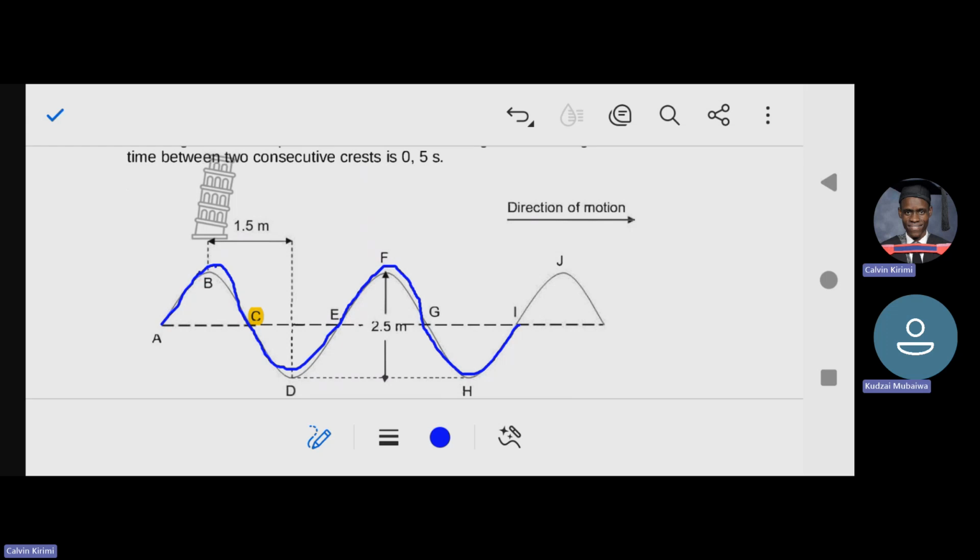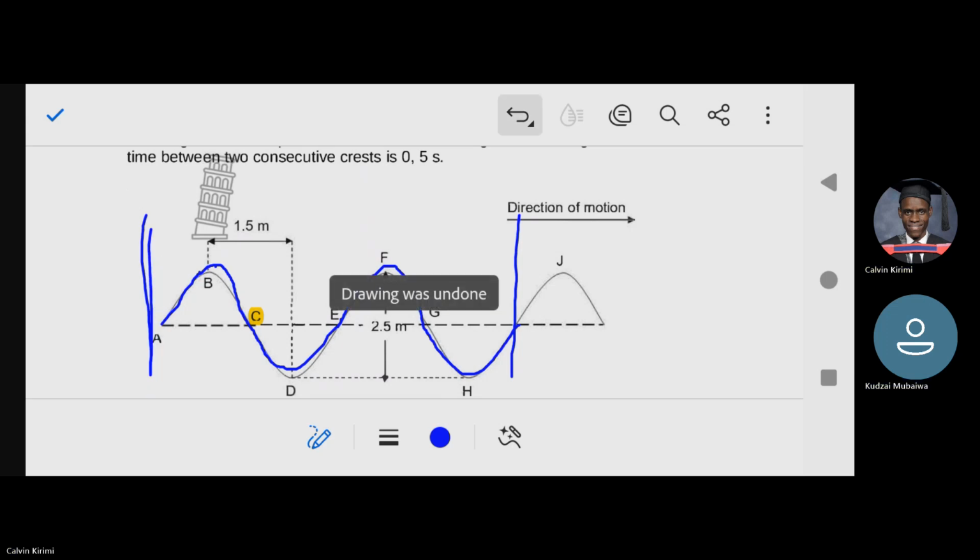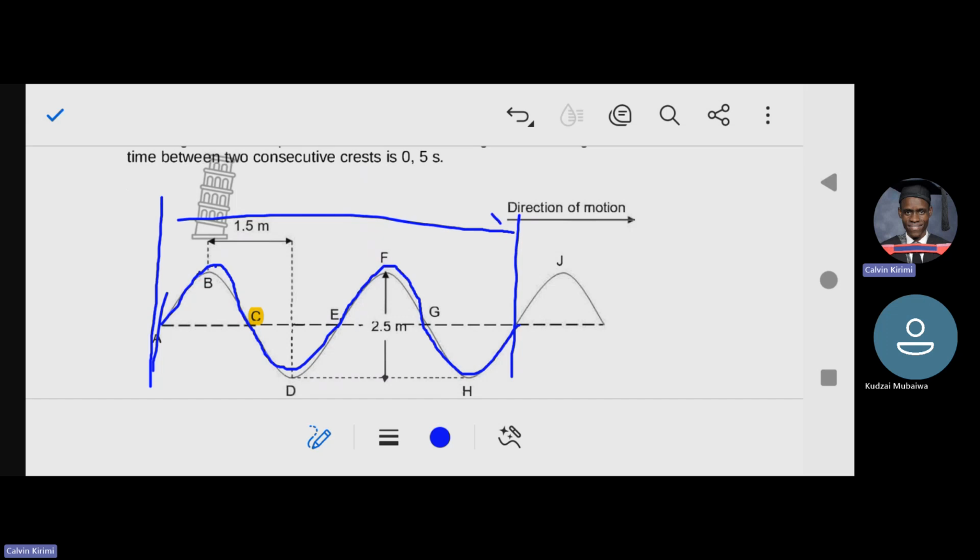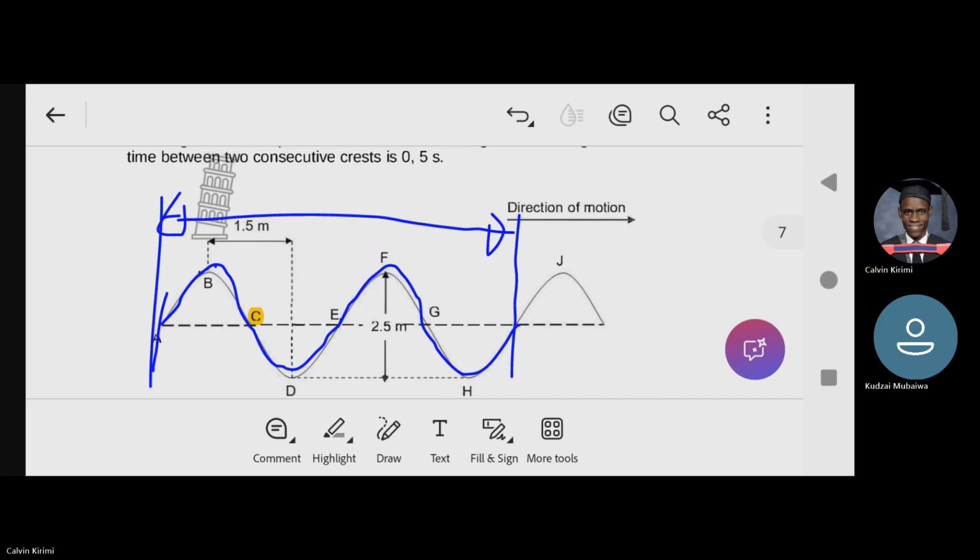Yes, sir. That's why from here to there is how many seconds? 1 second. Put your distance, 1 second. So from there to there, it's 1 second. Now tell me, what is the time taken for 2 successive crests?